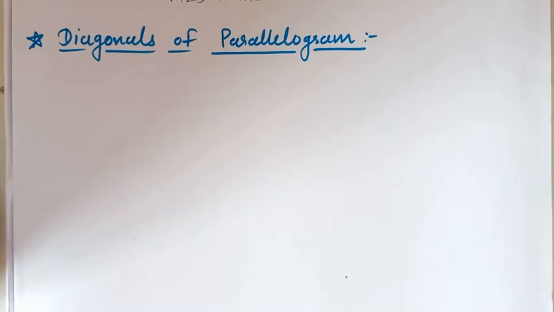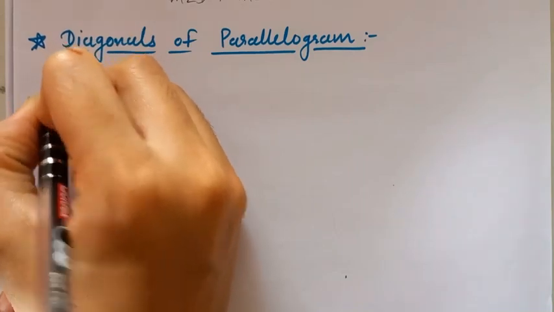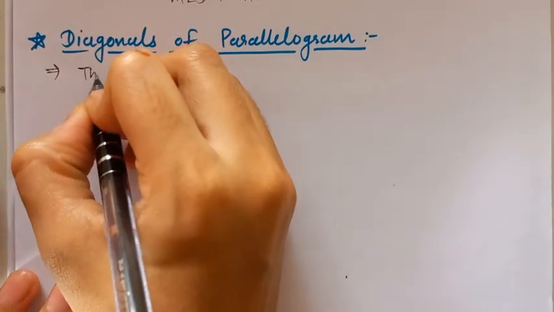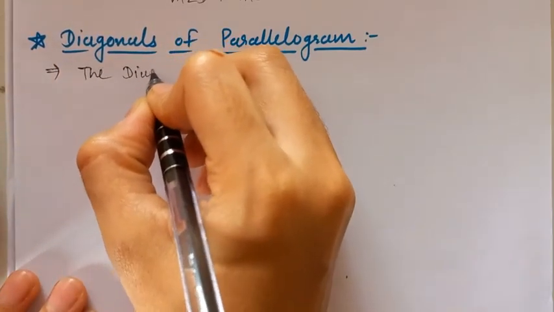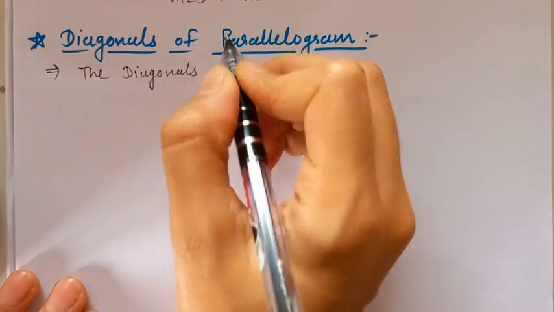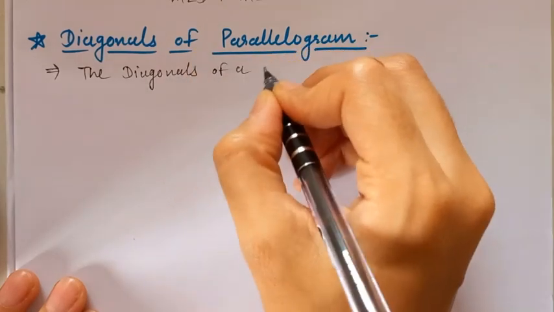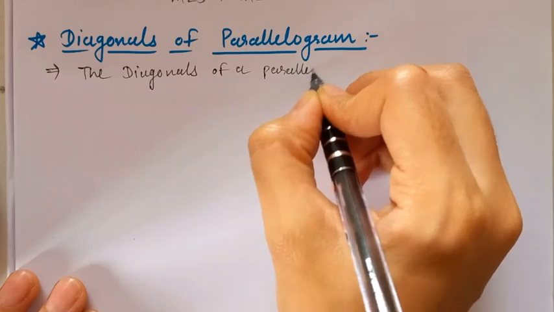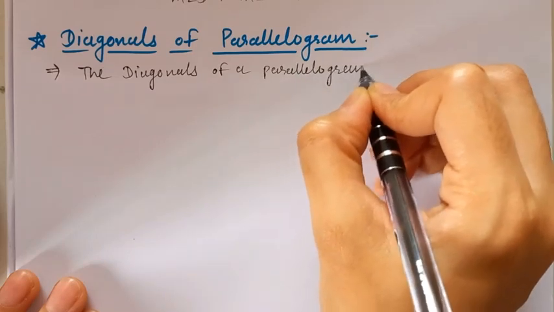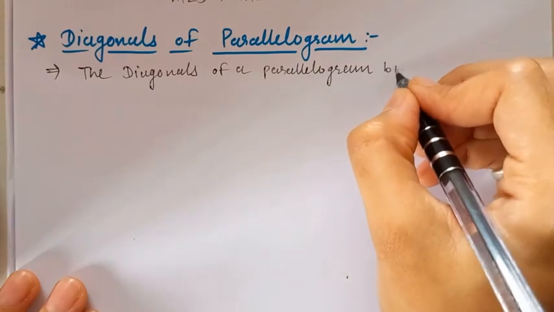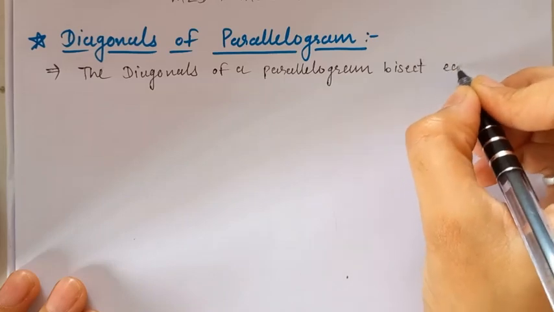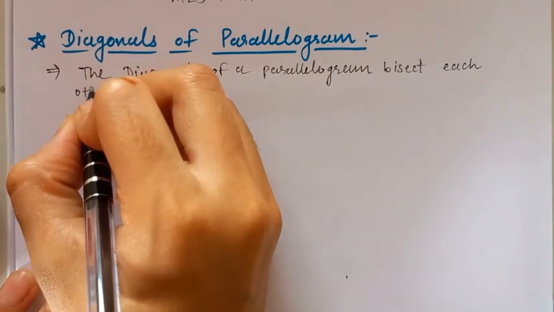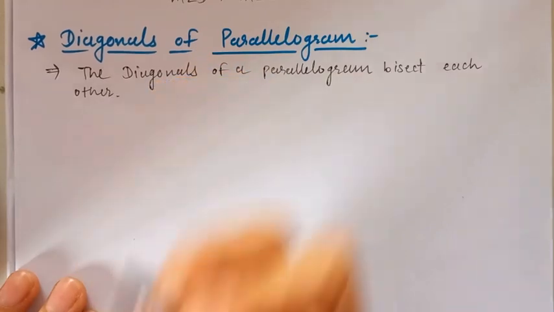So that property is: the diagonals of a parallelogram bisect each other.